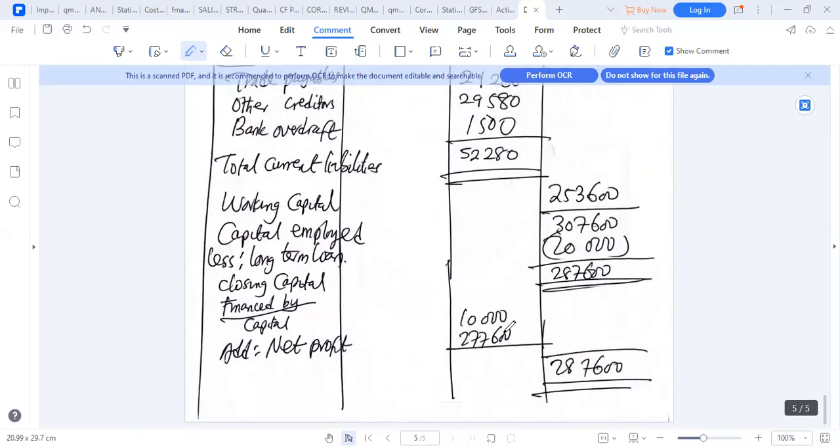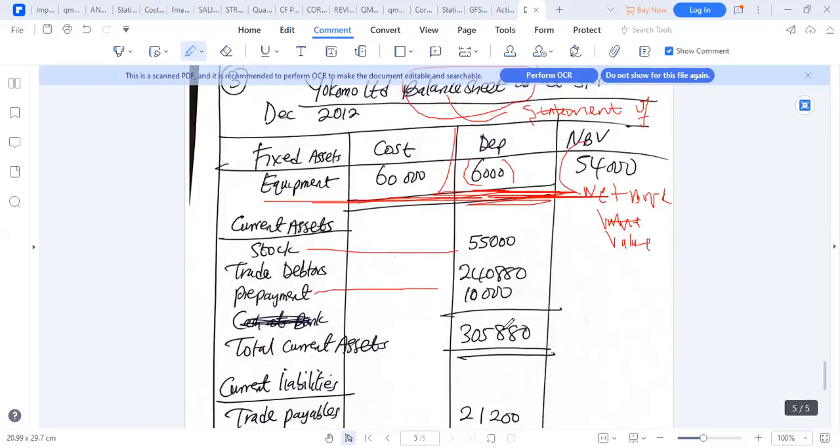So here we have the prepayment. For the total assets, you add this one, this one, this one, and this one, and you get 305,880. That is the total current assets.